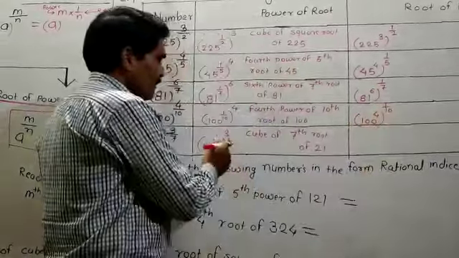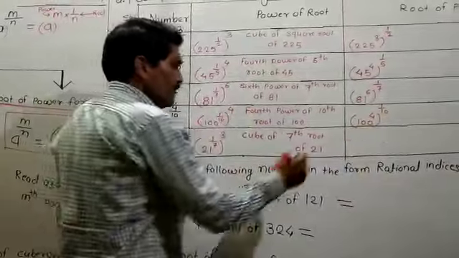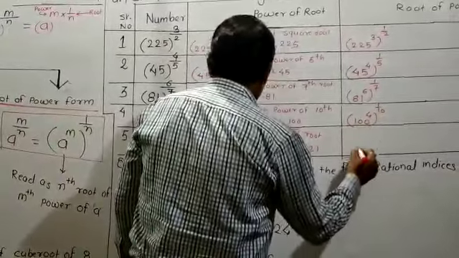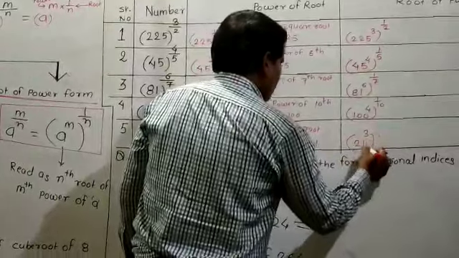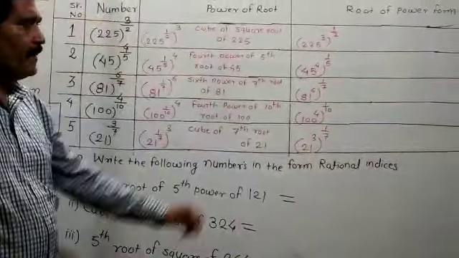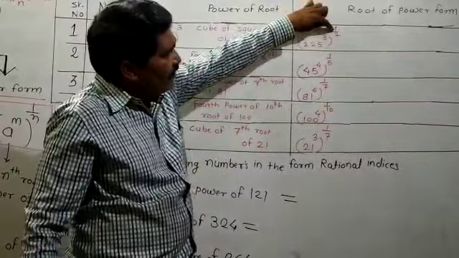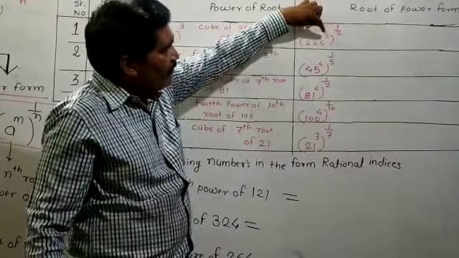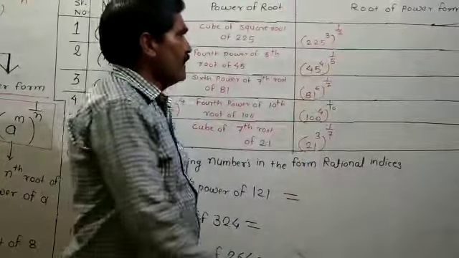And this you have to write root outside and power inside. 21, root you have to write outside, 1 upon 7. How do you have to read? Square root of cube of 225.